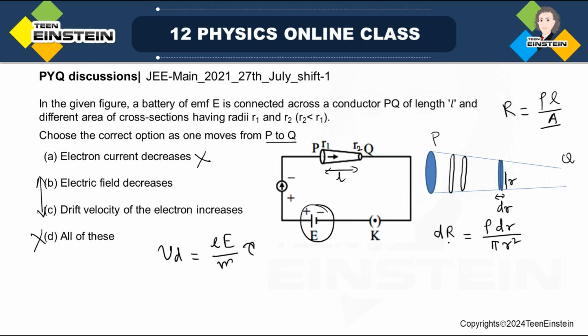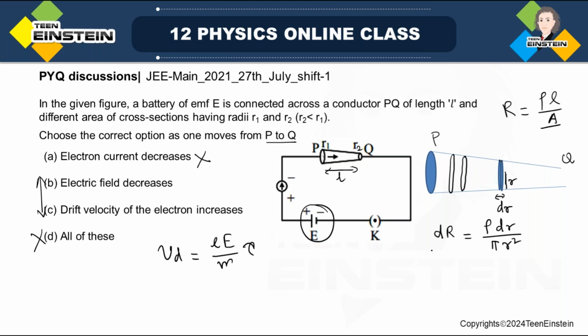See, the current will be constant through the conductor, isn't it? Current will flow as it is. I hope you have understood this, that the current will not change at all. But this electric field may change.